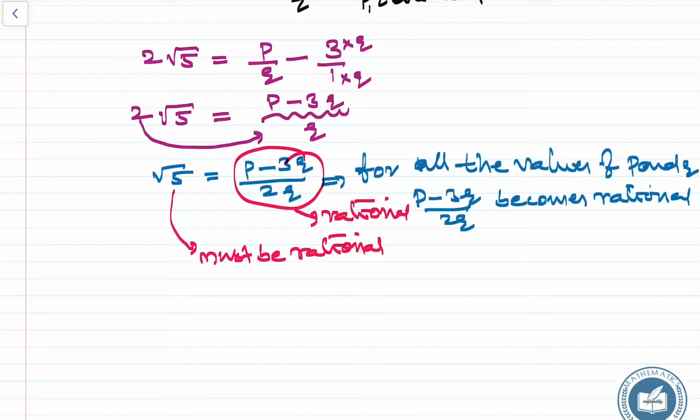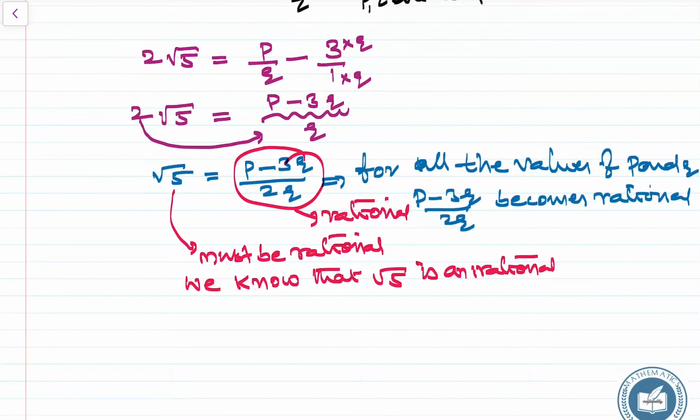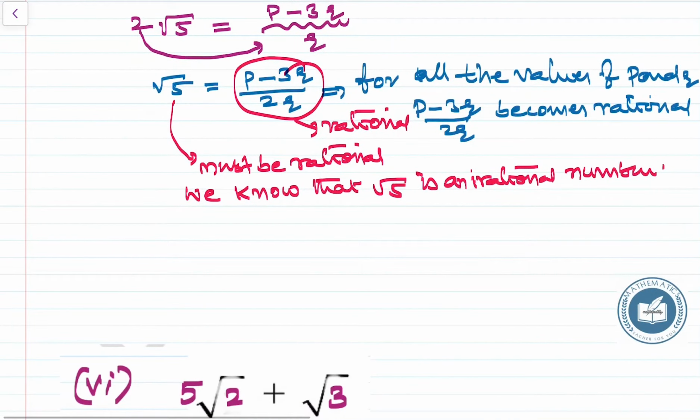But we know that root 5 is an irrational number. So our assumption is wrong.